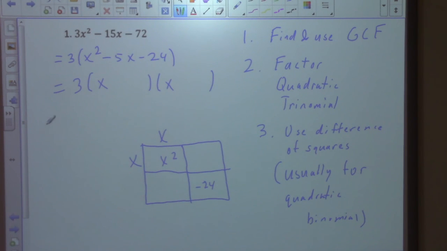And so you can create a list of factors for that. You need a list of factors of negative 24. What are some possible factors of negative 24?